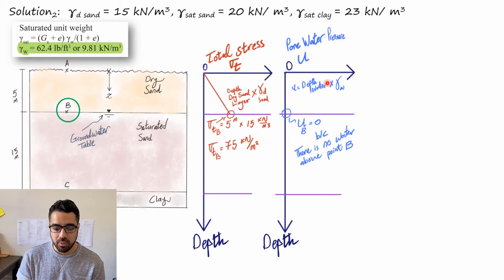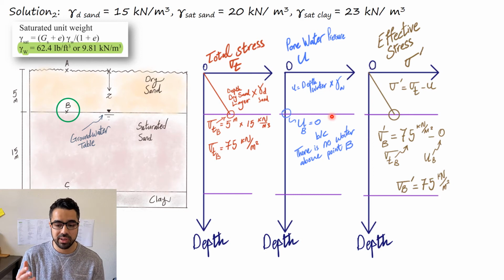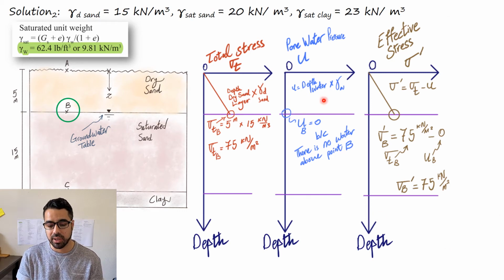The depth of water, since the groundwater is basically at the same level, is 0. So the pore water pressure is 0. The final one is the effective stress. Again, this is the stress, this is the depth. This one is really simple. You do nothing. You find this minus this, you're going to get this. Total stress, 75. Pore water pressure, 0.